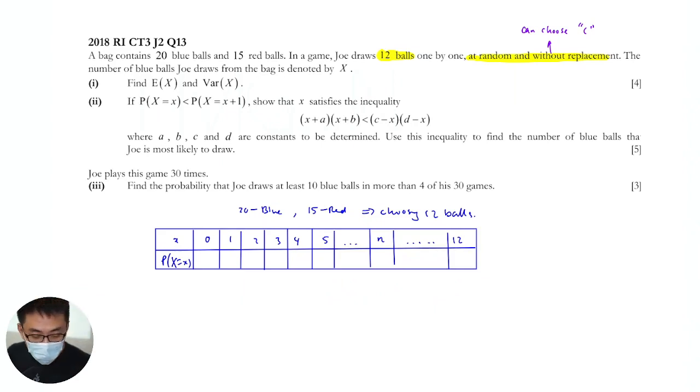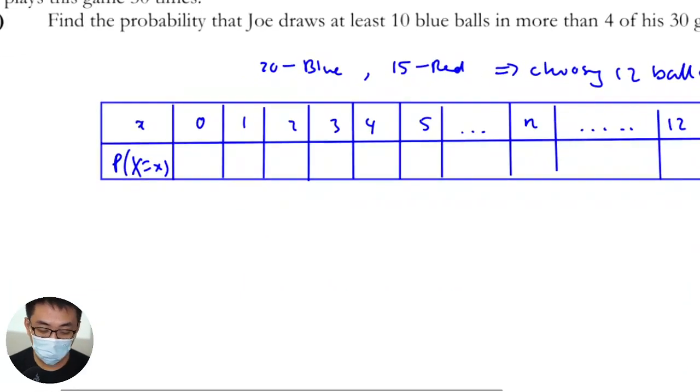Once I lay all this out, you should be able to tell that you need to use a calculator to solve it. This part is important. Let's first calculate one by one so that we can get the general term.